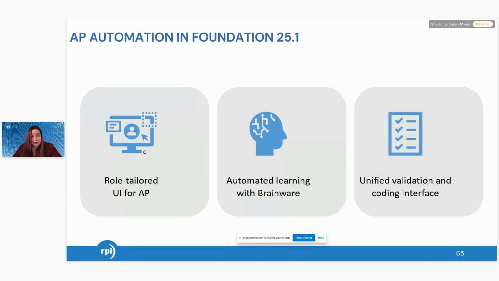They include a new role-tailored UI for AP, which is built on OnBase App Builder; an automated learning engine plugin for Brainware to improve those OCRs with additional machine learning; and a new unified validation and coding interface, bringing those 2 touch points together into one.